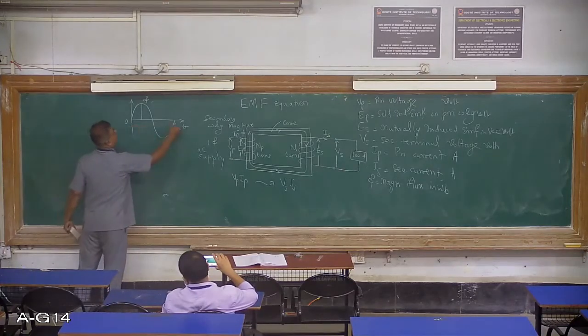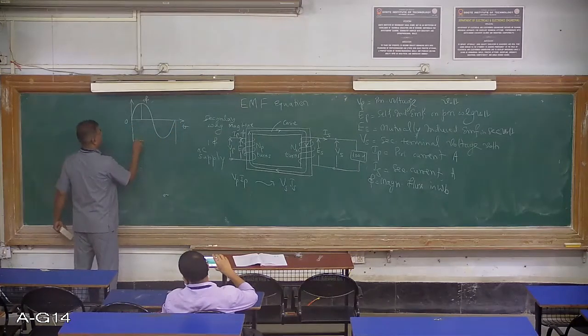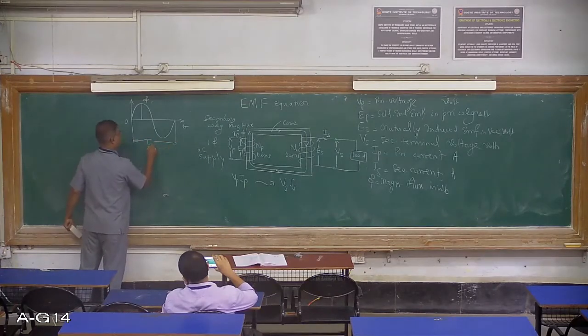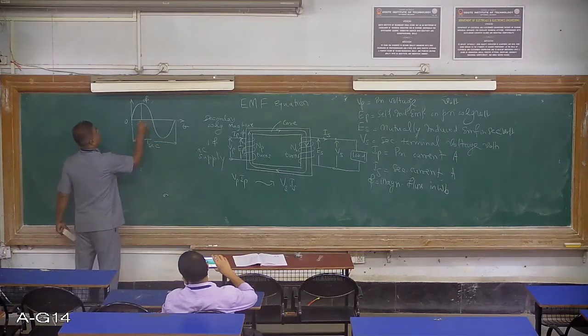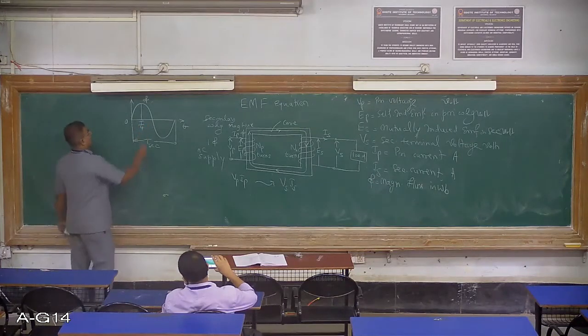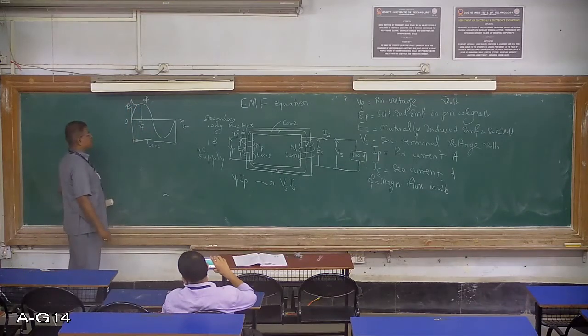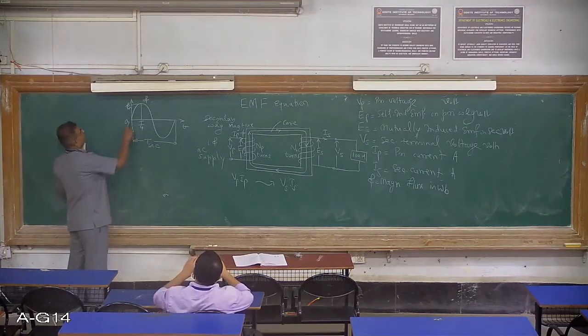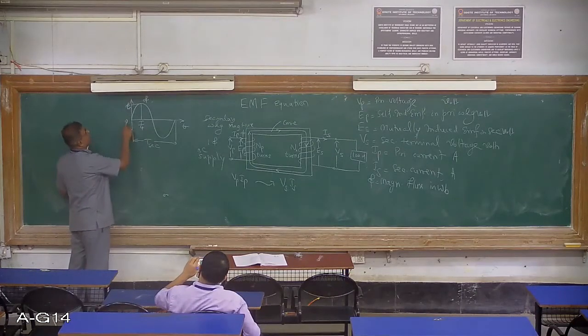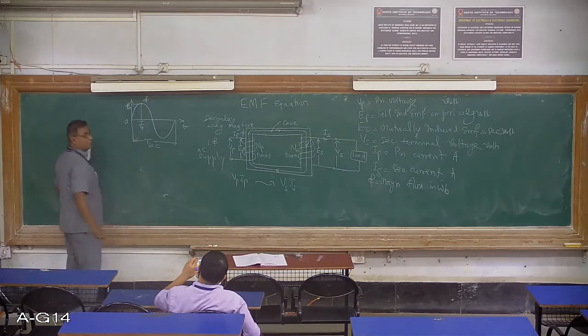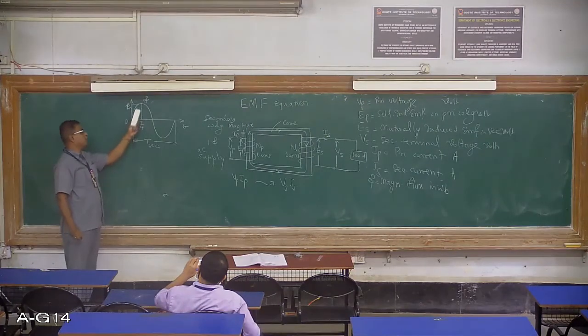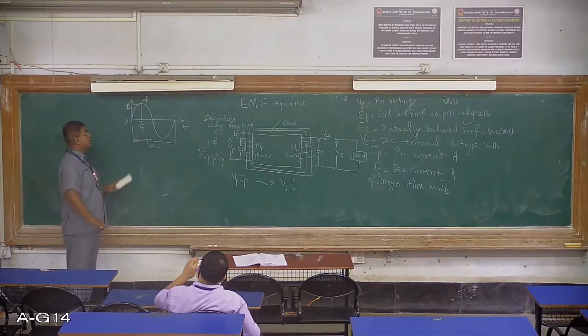This is the time period T seconds. This is T by 4 seconds. This is the peak value, the first positive peak of the flux. Now you can easily understand, within a time between 0 and T by 4 seconds, the flux changes from 0 to phi m, the peak value.